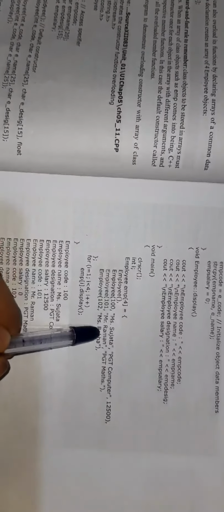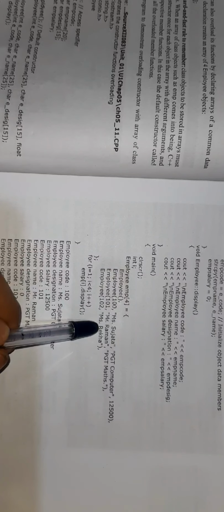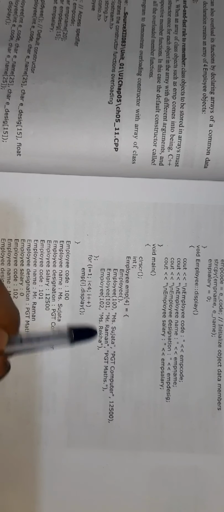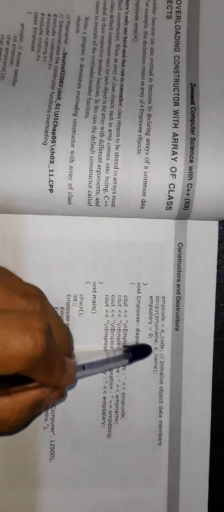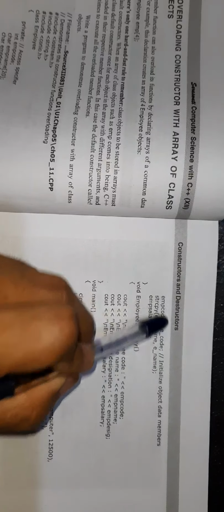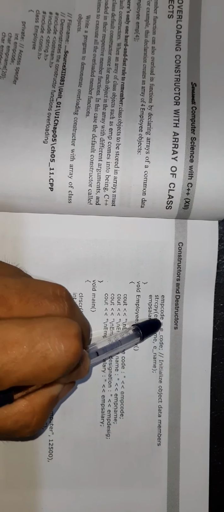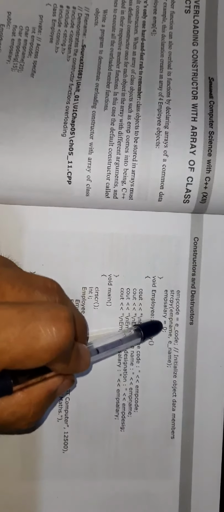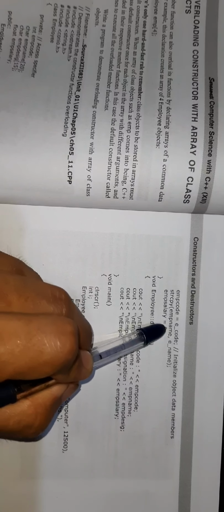Now in the fourth calling function, 102 and Miss Rekha, only those 2 arguments are passed. So in the third class method, e code transfers to employee code, e name transfers to emb name, and emb salary is assigned the value 0, the default value. That value gets printed out here.